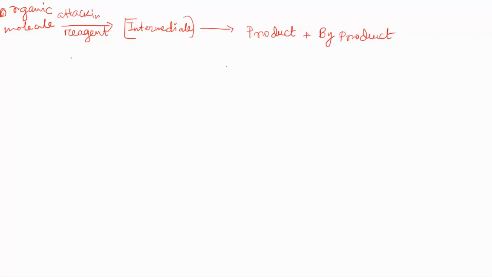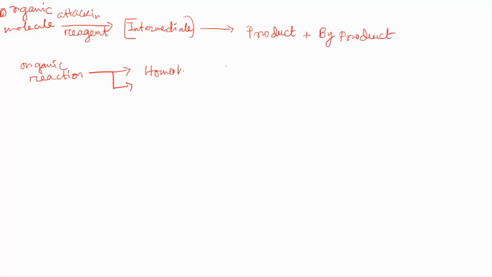So in general, this organic reaction mechanism goes via two ways. So we'll go one by one. Let's say it is an organic reaction, and it goes via two ways. One is the homolytic cleavage, and the other is the heterolytic cleavage.